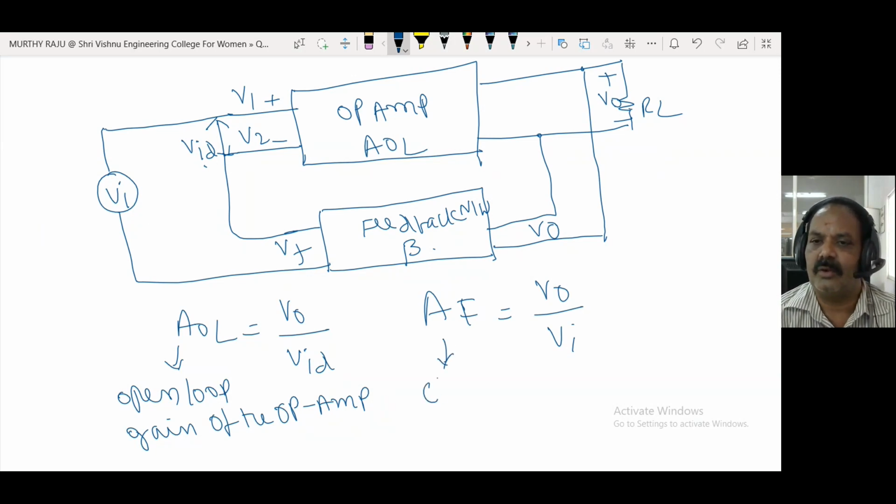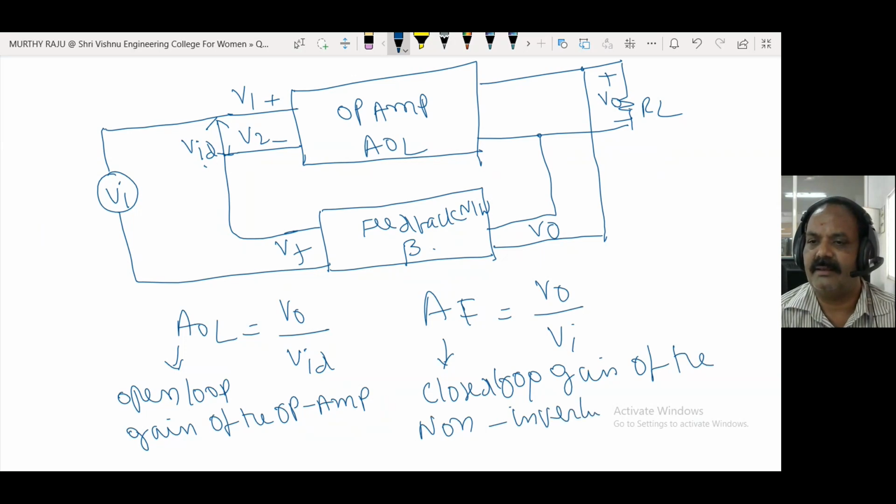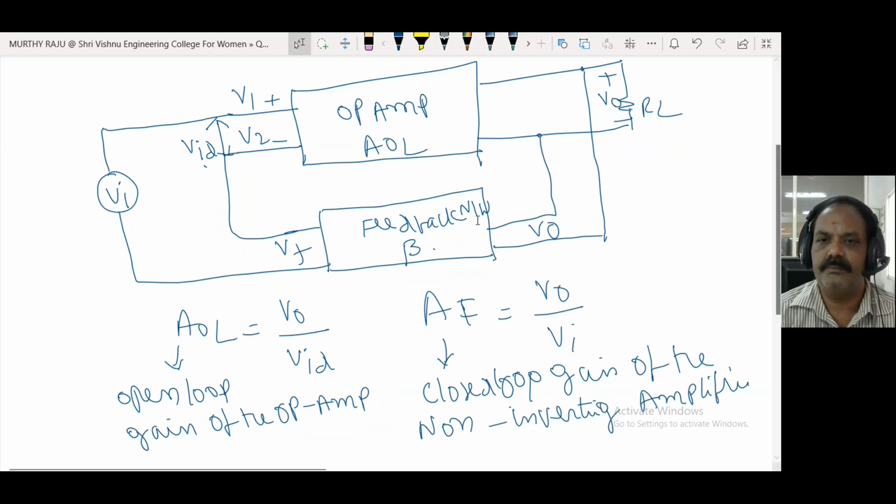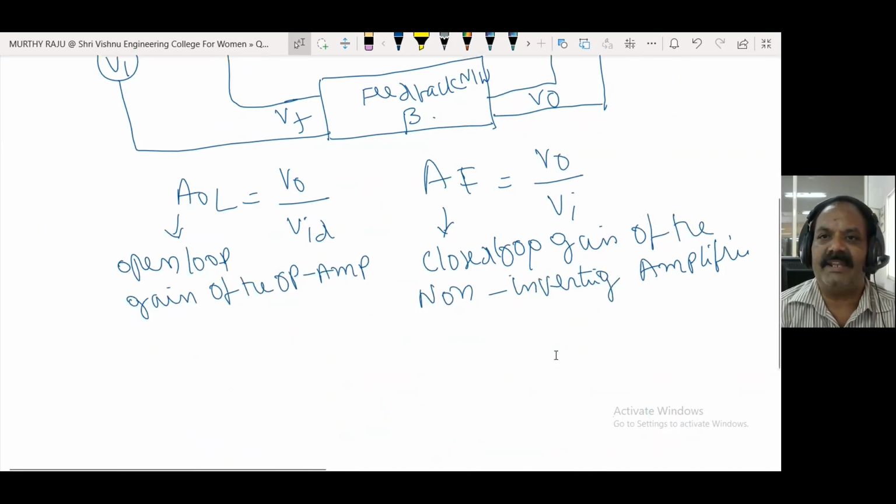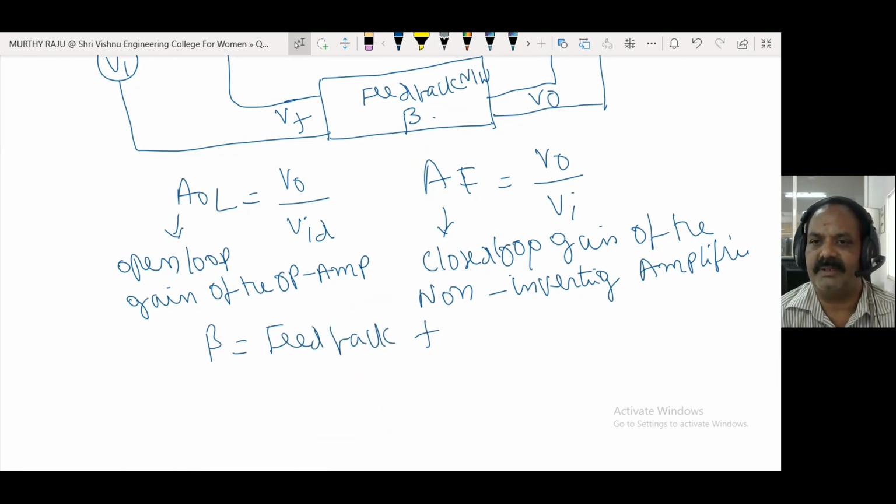This is called the closed loop gain of the non-inverting amplifier. Beta is called the feedback vector.